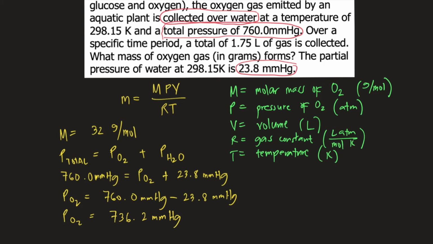But according to the formula, the unit must be in ATM, so we need to convert this to ATM. 1 ATM is equivalent to 760 mmHg, so mmHg will cancel, and the pressure in ATM is 0.9687 ATM. That's the pressure of oxygen gas.